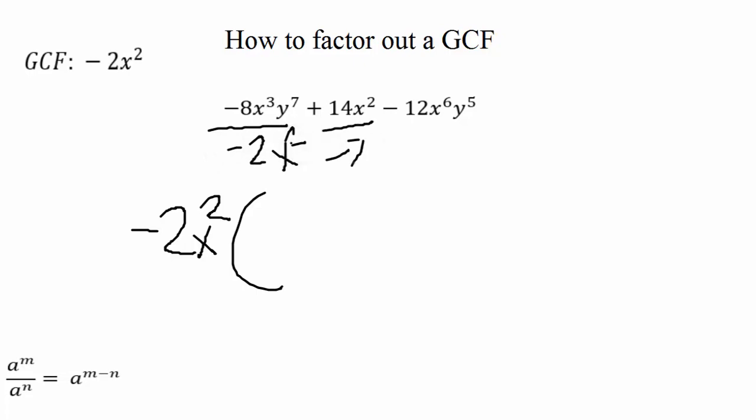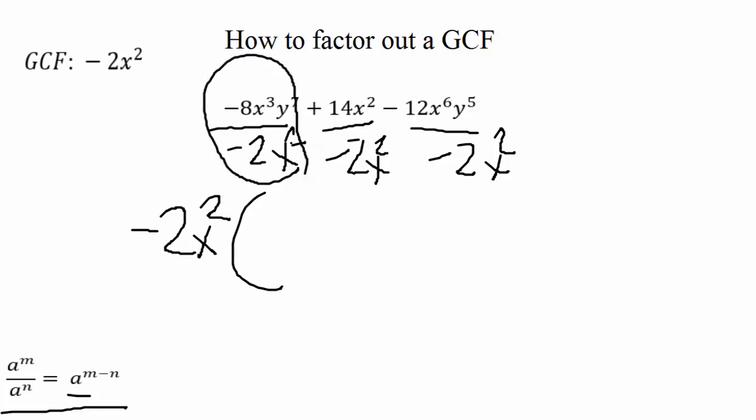That's what we're doing when we factor out the greatest common factor. This is just following the reverse distributive property. To do this division, we need the quotient rule, which says that when we divide like bases, we keep that base and subtract the exponents. We can only do this with like bases.